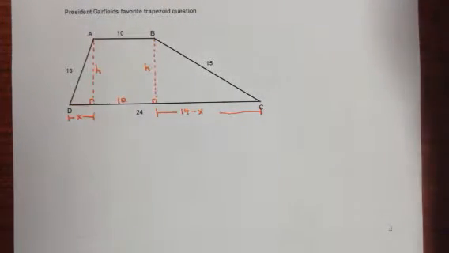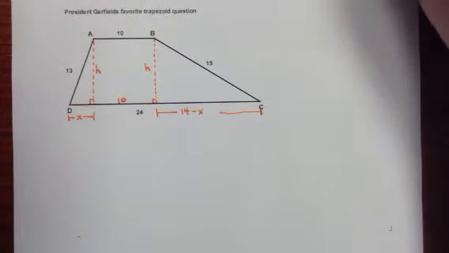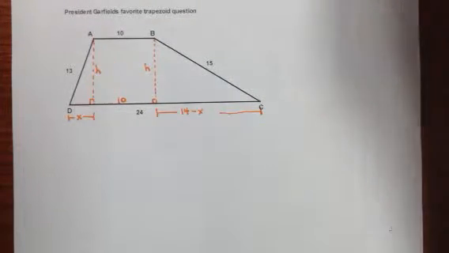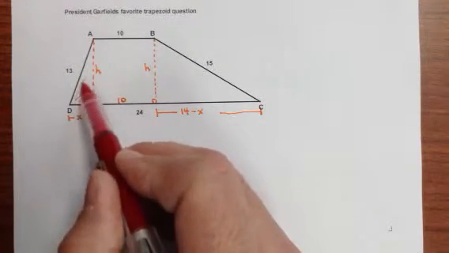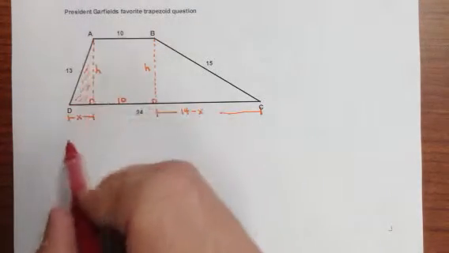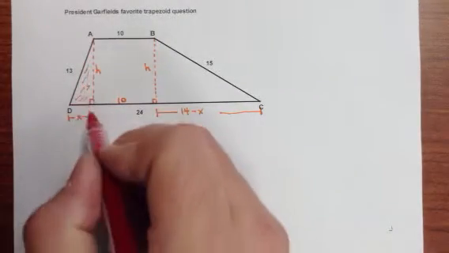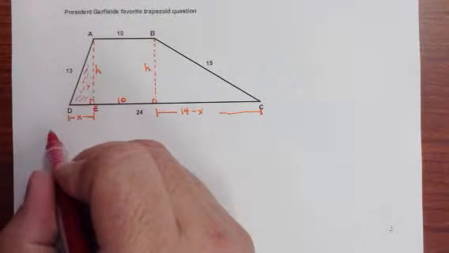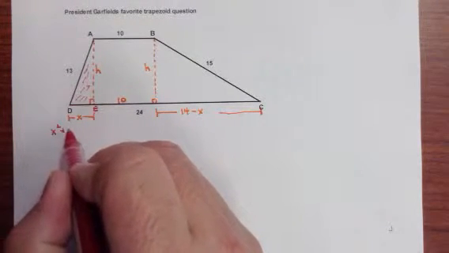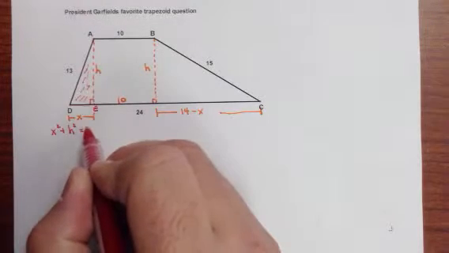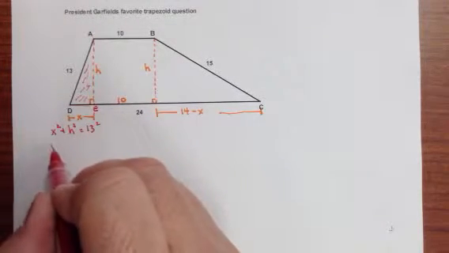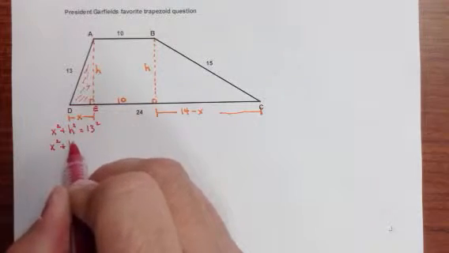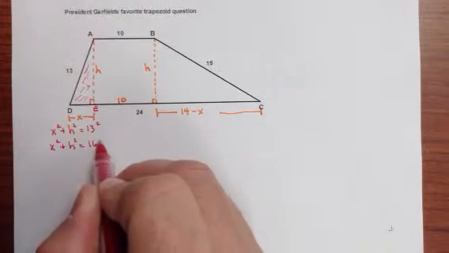Now, as we talked about Friday, if you see two variables, you should immediately be thinking about trying to find two distinct equations. So from this triangle over here to the left, let's call it triangle ADE, I see that I have x squared plus h squared equals 13 squared, or x squared plus h squared equals 169.